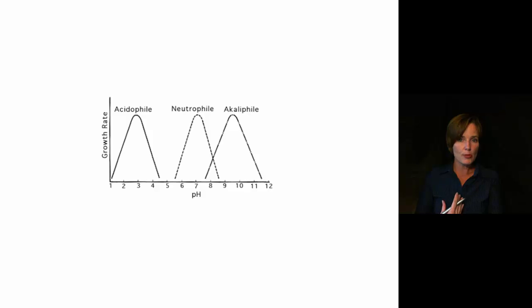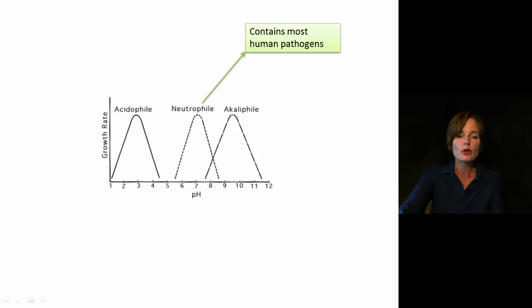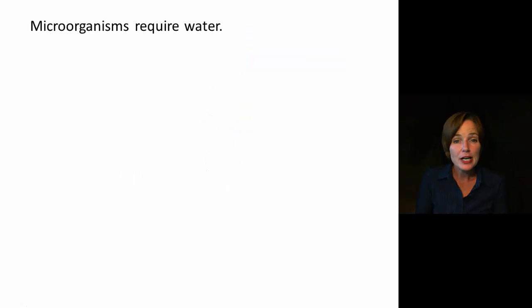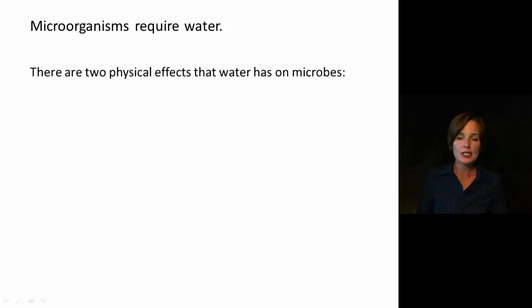And our bodies are primarily neutral or pretty close to neutral on the inside, which means that the neutrophiles, that's the group that's going to contain most human pathogens. Again, we're going to find human pathogens need the same general growth requirements that you find inside of the human body.